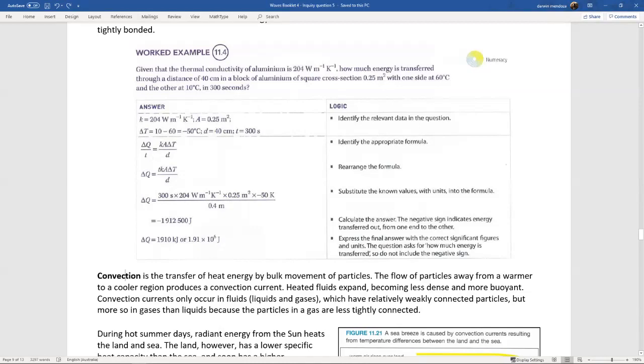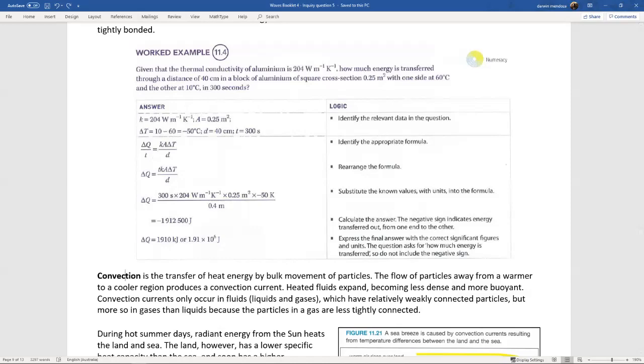Anyway, I divide that by 0.4, which is the distance between the 2 points, and I get 1,912,500 joules that has to be taken away from the object that's heating it to the cooler place in order to get that heat across. And that's what that's saying there.